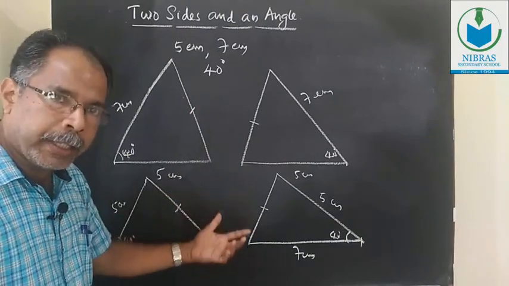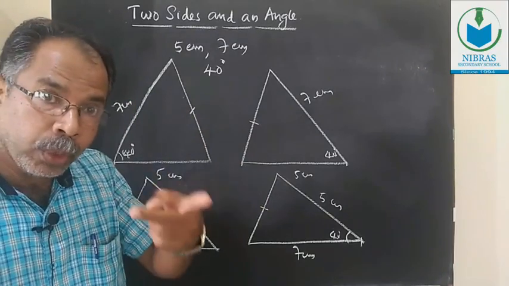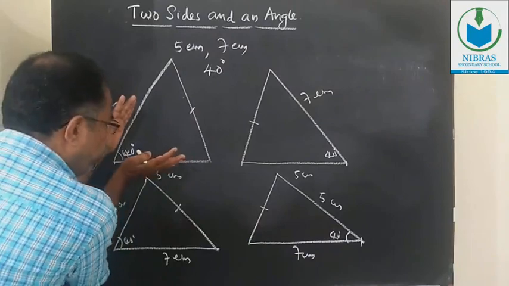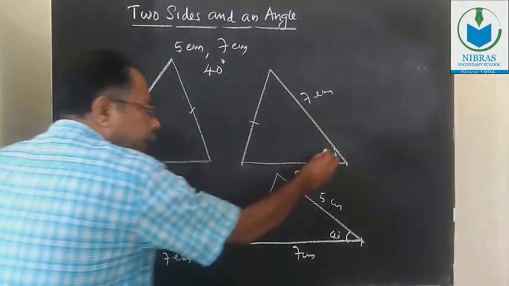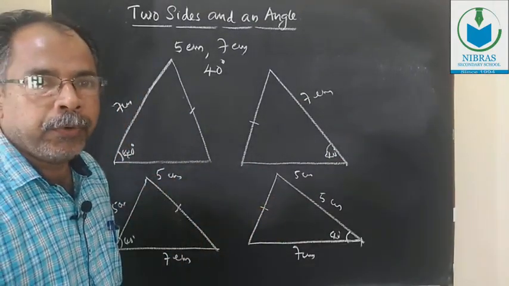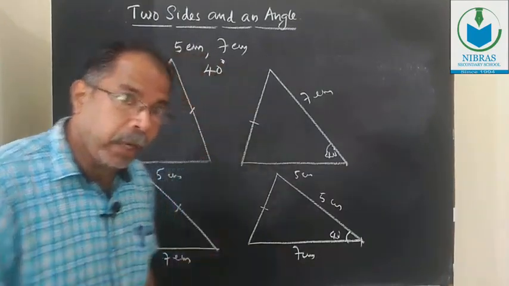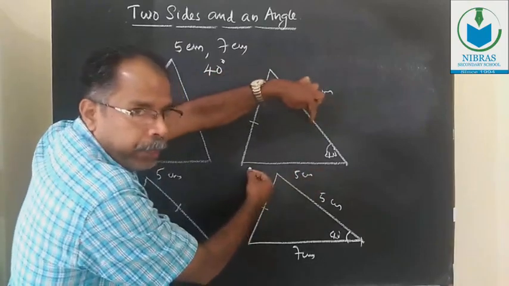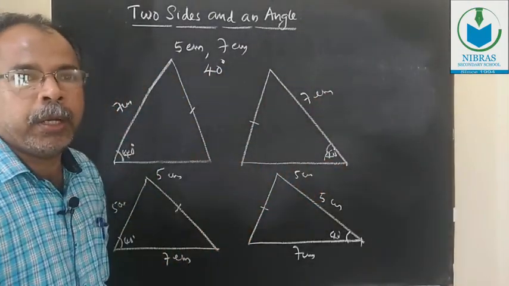This means that for two triangles to be equal, only the length of two sides and the angle between them need to be equal. Clear? For two triangles to be equal, only the length of two sides and the angle between them need to be equal.